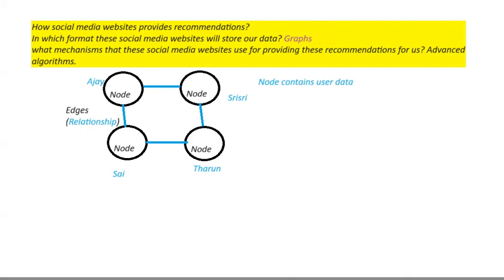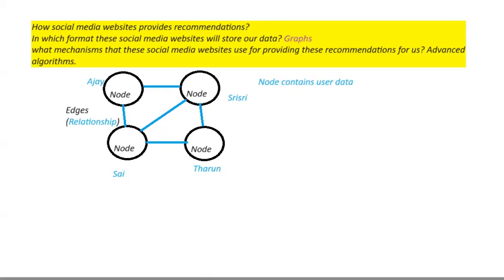If Sai sees that and knows Sri Sri, then he can also connect to Sri Sri, right? Yes. So this is how the recommendation system works in Instagram, or in any social media. This is how they may manage your data in graph format.